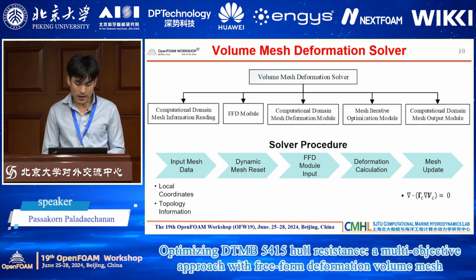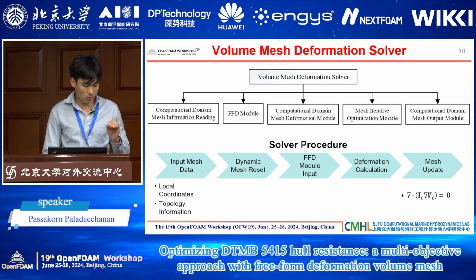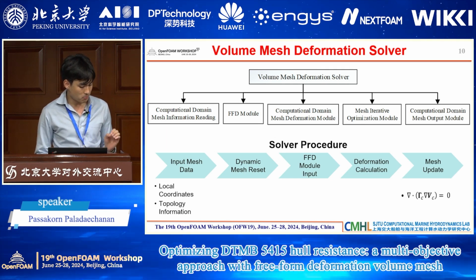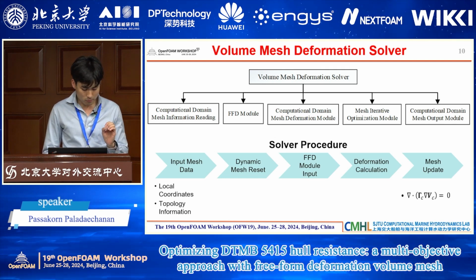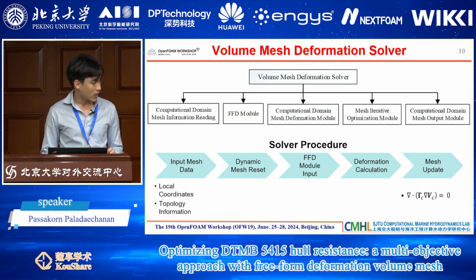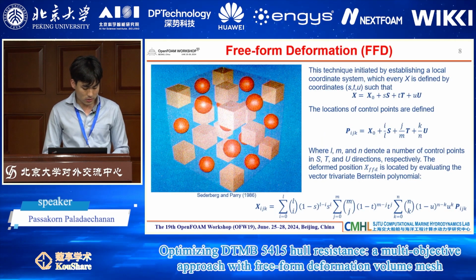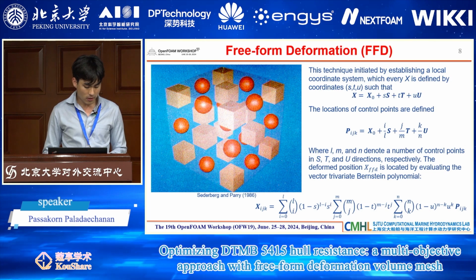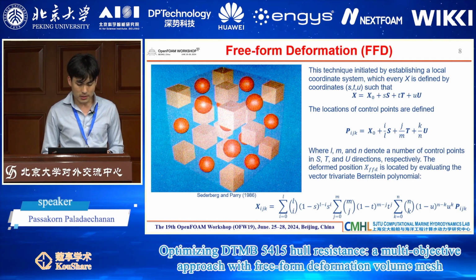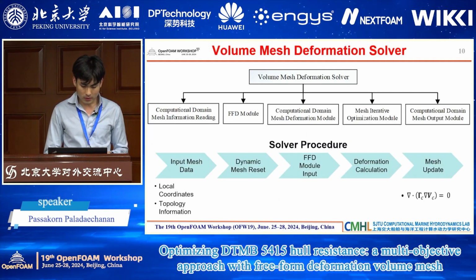After that, we calculate the deformation. The coordinates of the deformed structure boundary mesh points are determined from the movable control points and their displacement distance based on these freeform deformation formulas. The displacement and direction of each grid point on the structure boundary are obtained through interpolation.